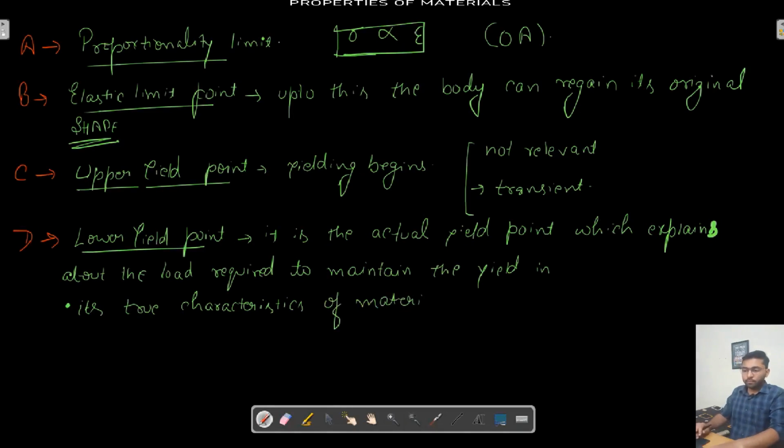So the lower yield point, how can we define it? The lower yield point is the actual yield point which explains the load required in order to maintain the proper yield in its true characteristics.